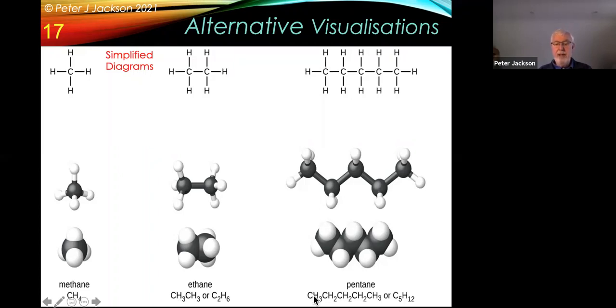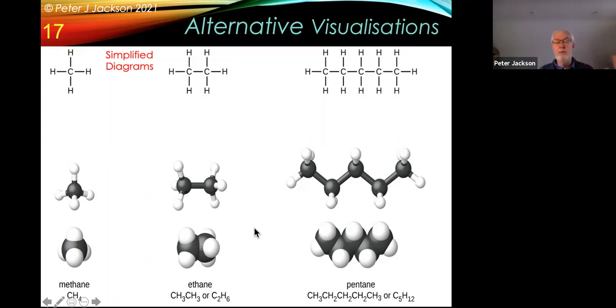So we could write it as CH3CH2CH2CH2CH3. That's its structural formula, its condensed structural formula. It tells us the structure of it, or we could simply write it as C5H12. If we could see the atoms in the molecules, they would look something like that. Obviously not those colours.